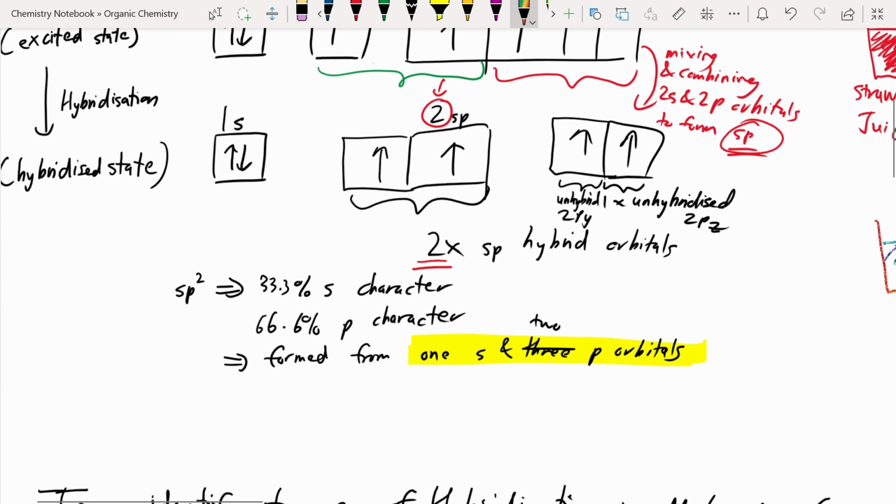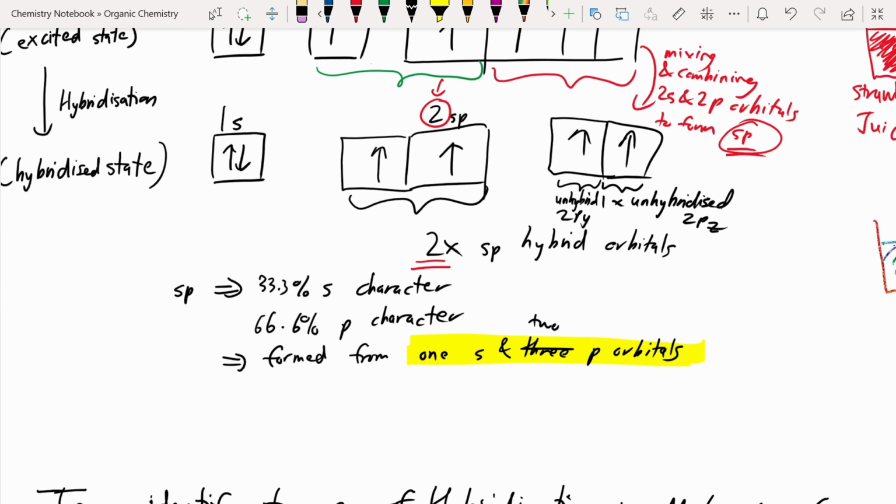In the same way, your sp orbital will now be 50% S and 50% P character. So now it's just one S and one P orbital being combined. Don't be intimidated by the name. sp, sp2 and sp3 are just the names of the hybrid orbitals.